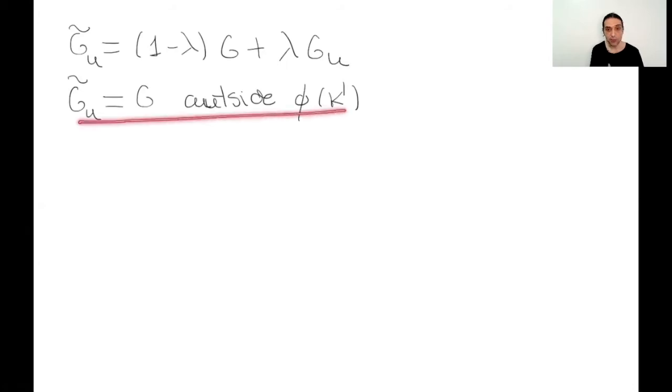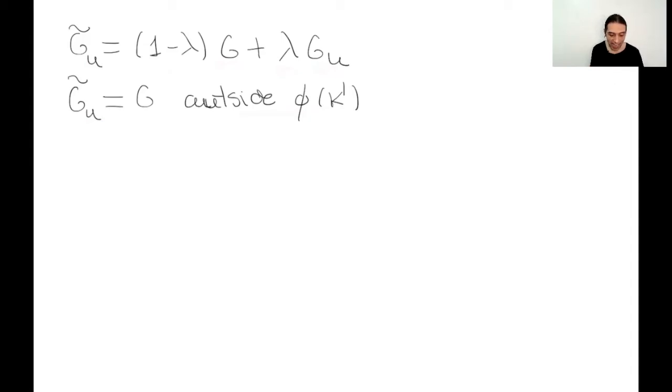But because of this equality outside of the compact sets, what we get is that capital G_U tilde converges in the strong topology to (1 minus lambda) times capital G plus lambda times capital G. In other words, to capital G.